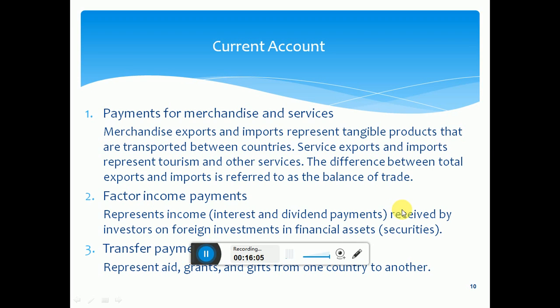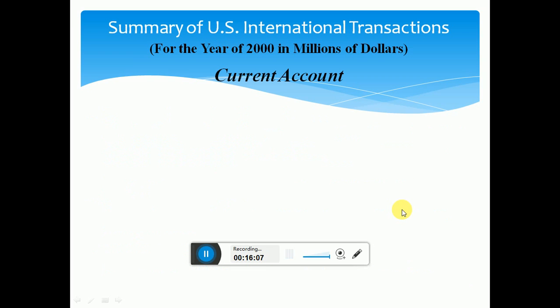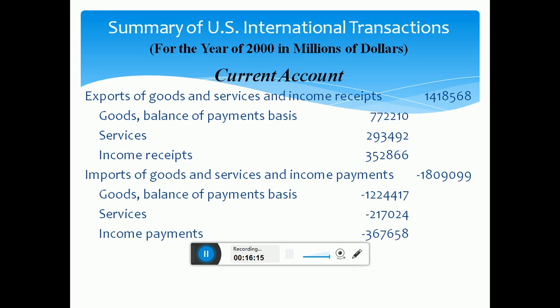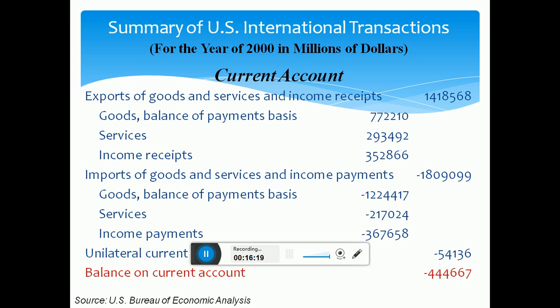The next component: some figures are given to explain this balance of payments. We will explain it. Summary of US international transactions for the year 2000, in millions of dollars.